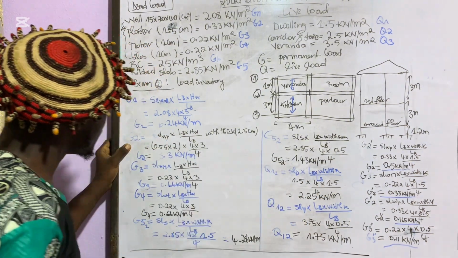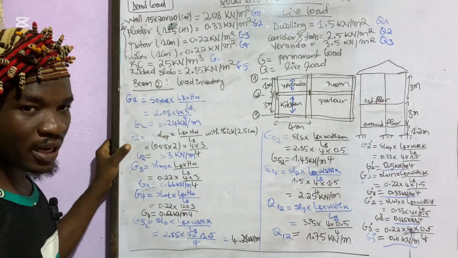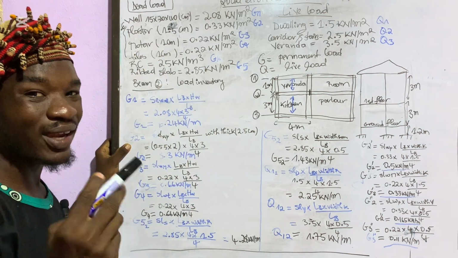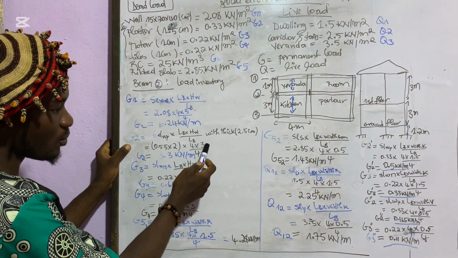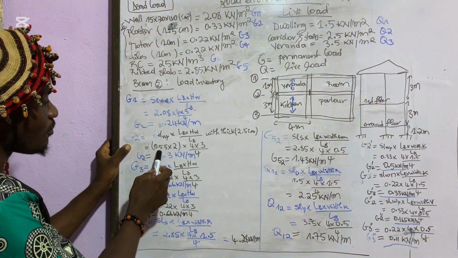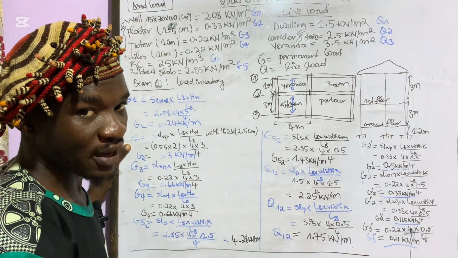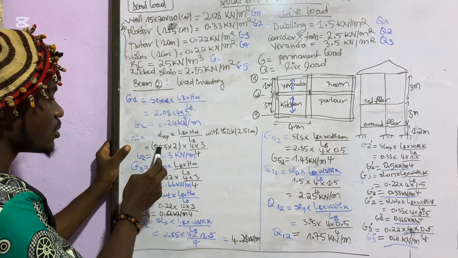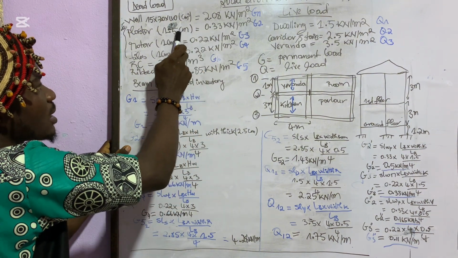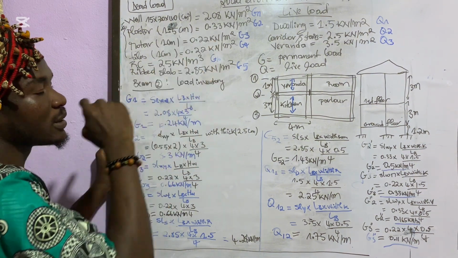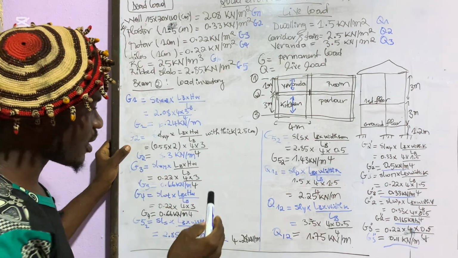So G2 now is the permanent load exerted by the plaster on the wall. You realize that I multiply here again by the height of the wall. So I take the self weight now for the plaster on the wall. I took a thickness of 2.5 centimeter, so I will convert this plaster, which has 0.33 kilonewton per meter square, to the one of a 2.5 centimeter.